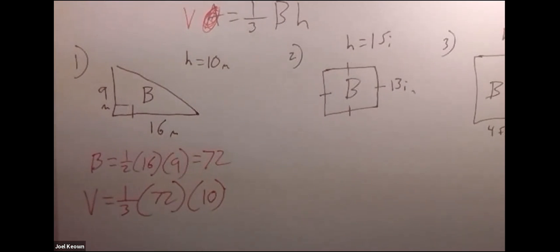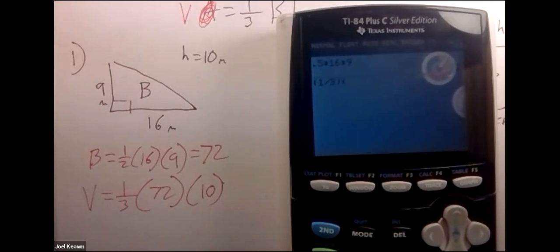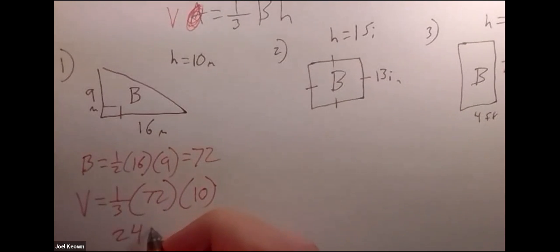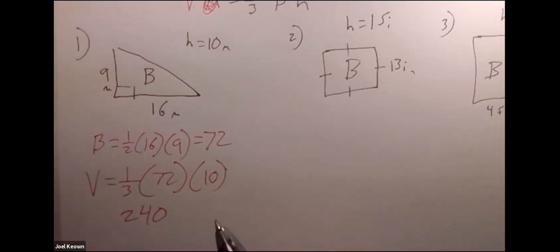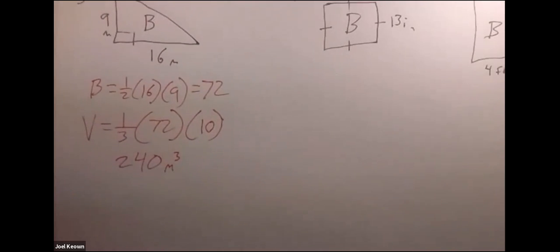So I'll put this now in my calculator. 1/3, 72, 10, 240. Now we're doing volume, so these are all in meters. Because volume is 3-dimensional, this is meters cubed. Okay.